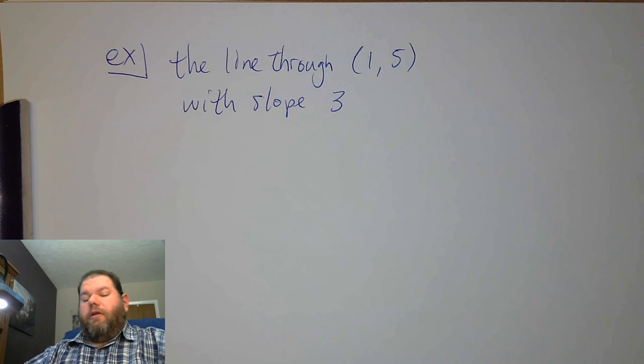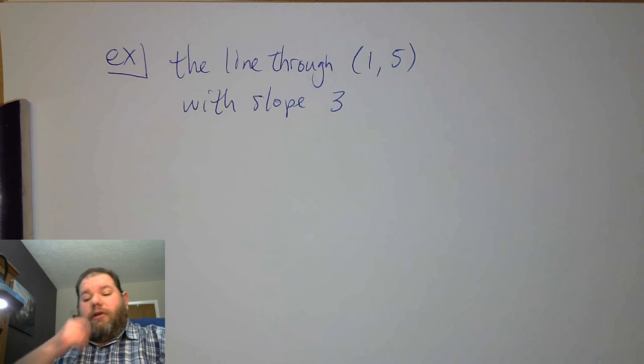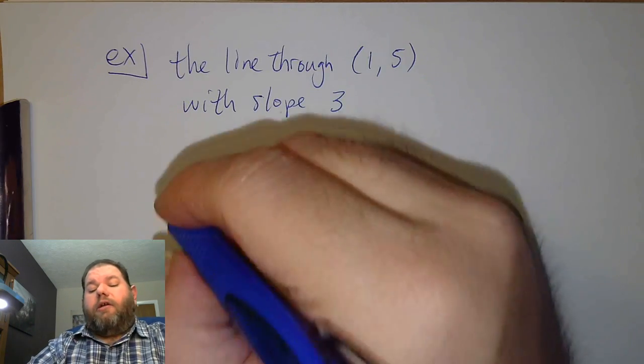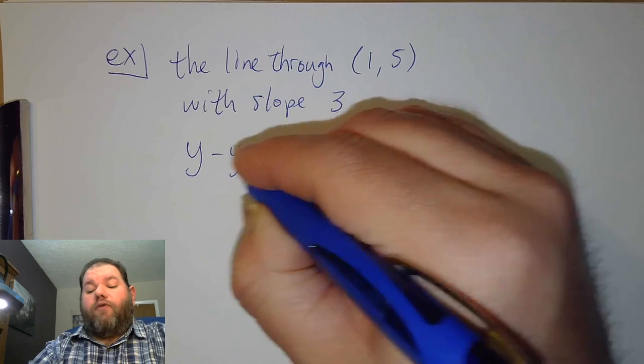Okay. So instead of giving us 2 coordinates, they went ahead and just gave us 1 coordinate and the slope itself. Basically what they've done is they've simplified the first part of the problem so we can just get to the second part of the problem. We already know what the slope is, so we don't need the second point. As long as we have 1 point, that's enough to plug into this formula.